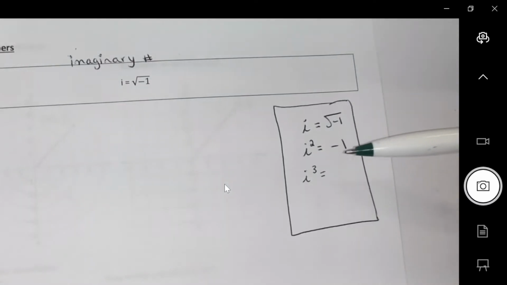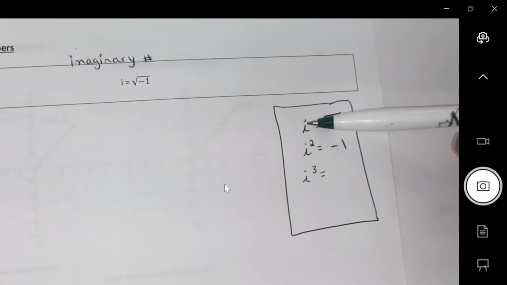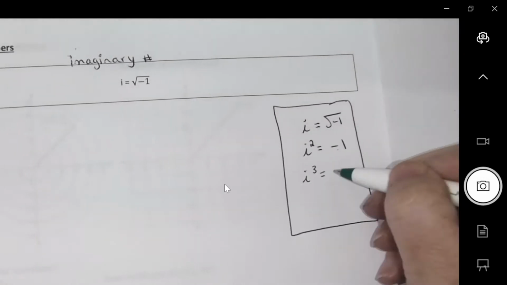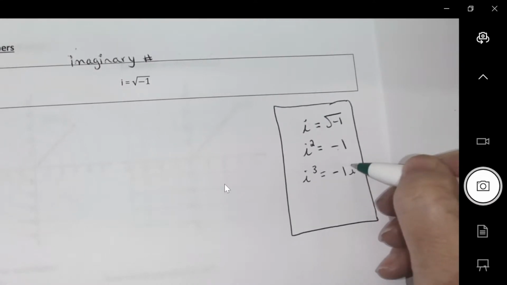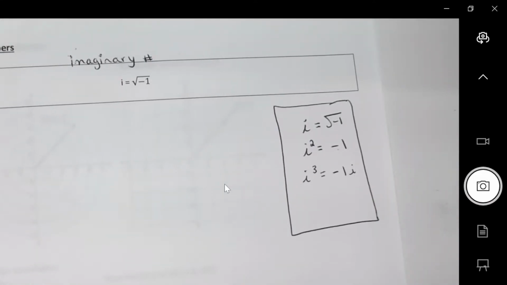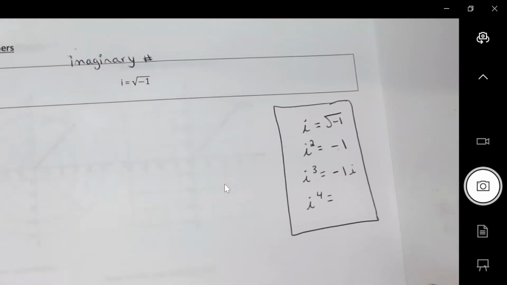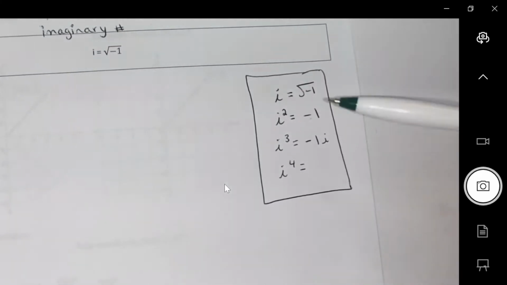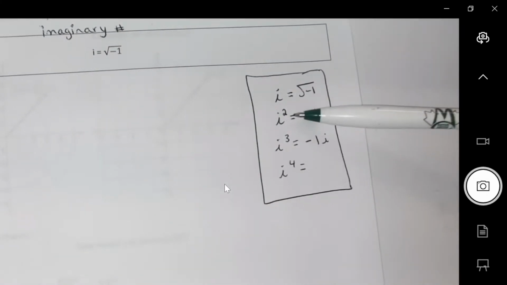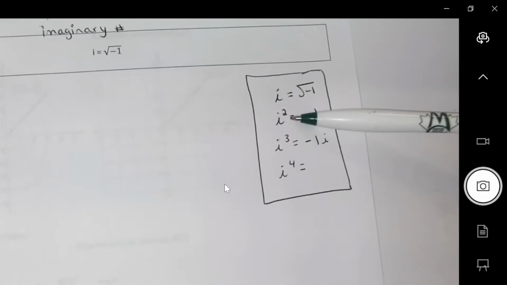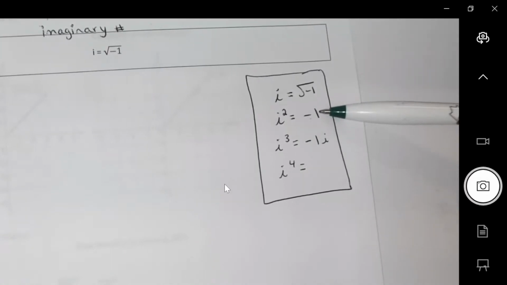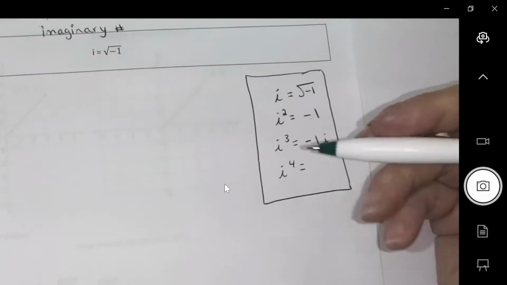You have to take this times this, so -1 times an i. So what would i to the 4th equal? For me, I would take i squared and another i squared. So +1.